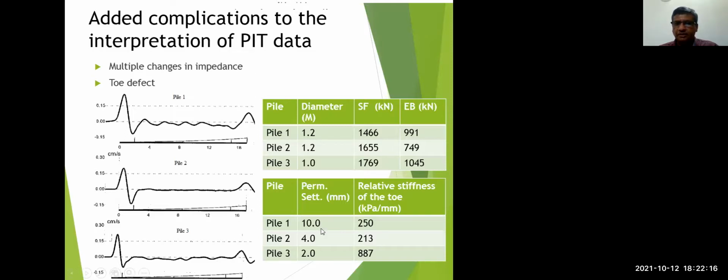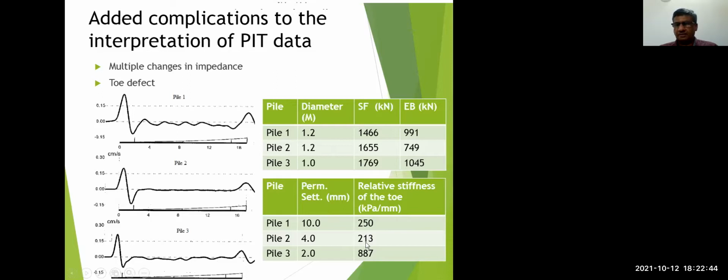Settlement was in the range of 10 millimeters for pile 1, 4 millimeters for pile 2, and about 2 millimeters for pile 3. If you calculate the relative stiffness of the toe, these are the values, and you can see the stiffness of the toe of pile number 3 is about 4 times the other piles.